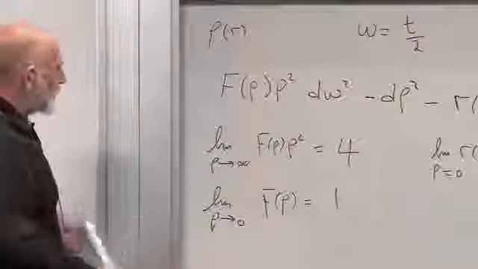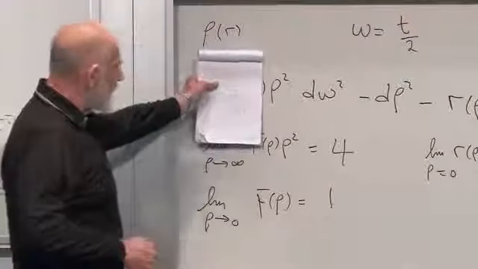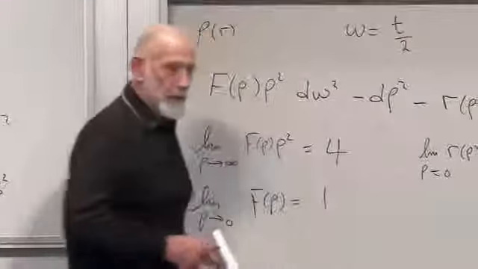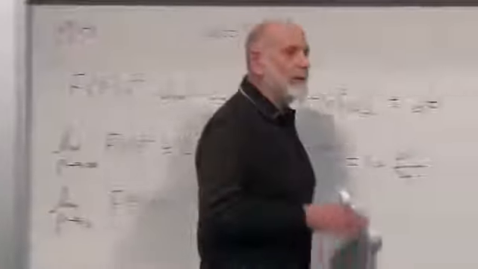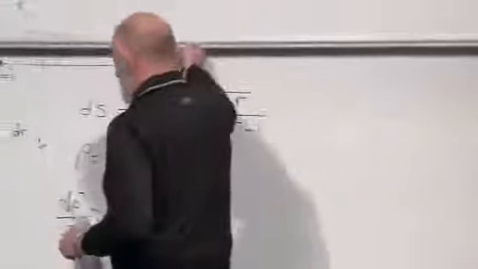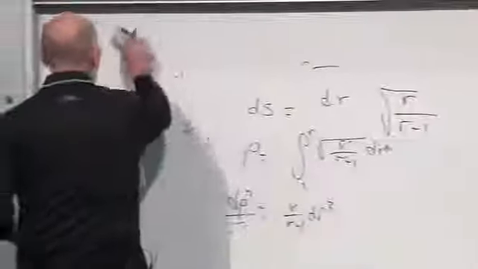Now, the most important thing is to look at this when rho is small. When rho is small, it's just rho squared d omega squared minus d rho squared. That's exactly flat space in hyperbolic polar coordinates. So let's just review for a minute hyperbolic polar coordinates.